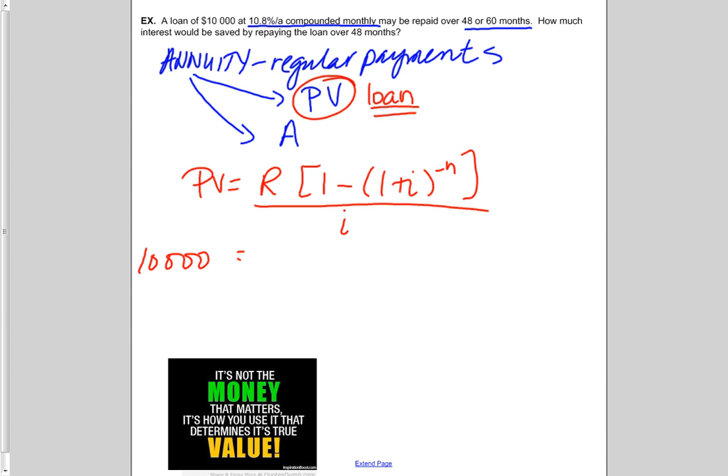So the first one we're going to do is the 48-month scenario. Regular payment, we don't know. The interest rate is 10.8% compounded monthly. And it is going to be, for this particular scenario, 48.